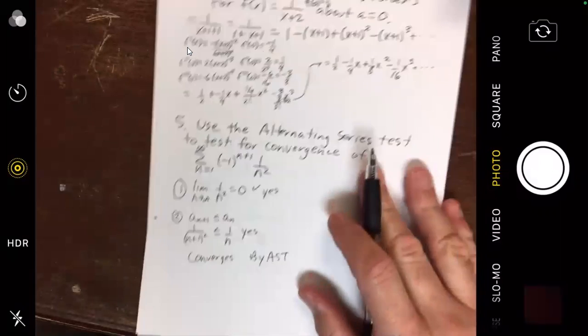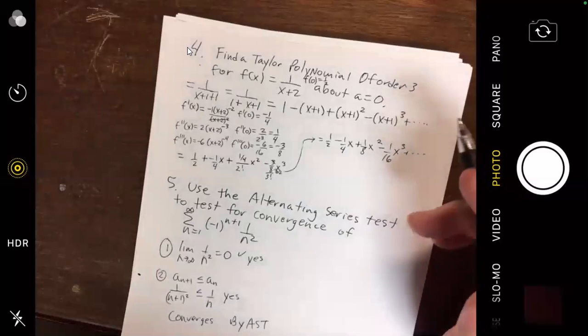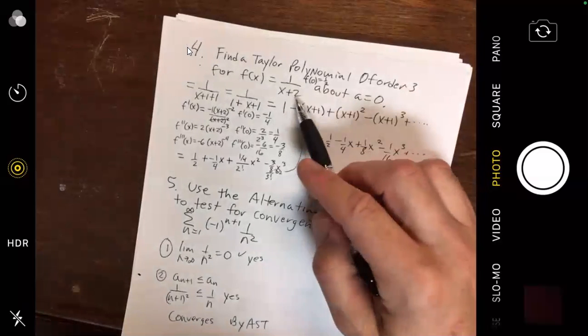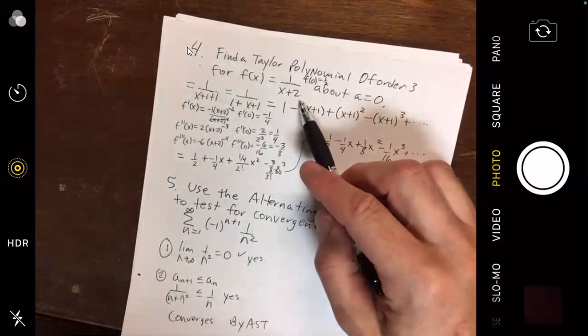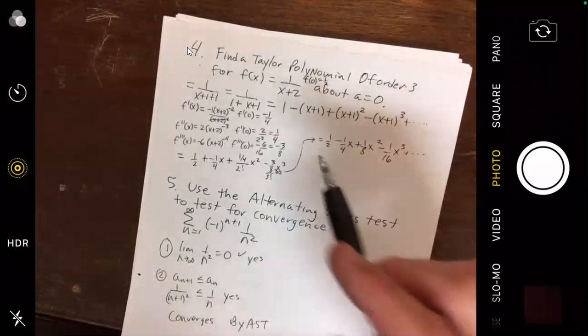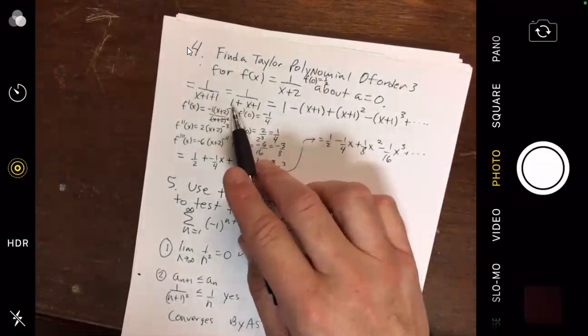All right. Moving on, number 4. Taylor polynomial of order 3 for 1 over x plus 2. So I'm going to switch it around and write it as x plus 1 plus 1.